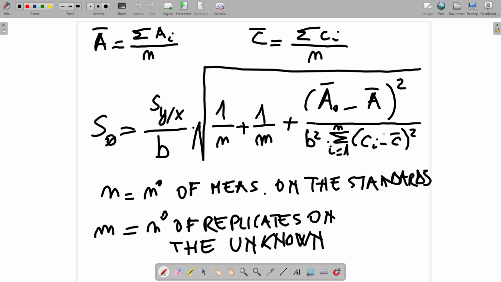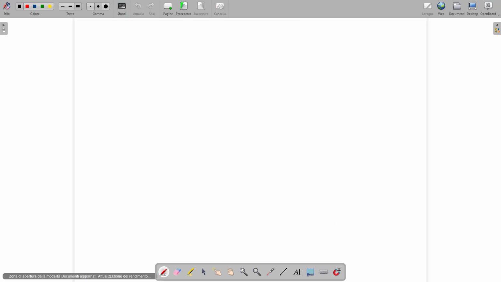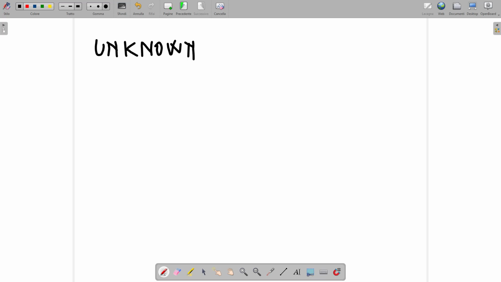Okay, let us do a simple example. Suppose that we have a sample, so unknown, the unknown. We inject the sample in the LC system once, because we have little time, once, and we obtain an area, I invent the number, okay, 50.